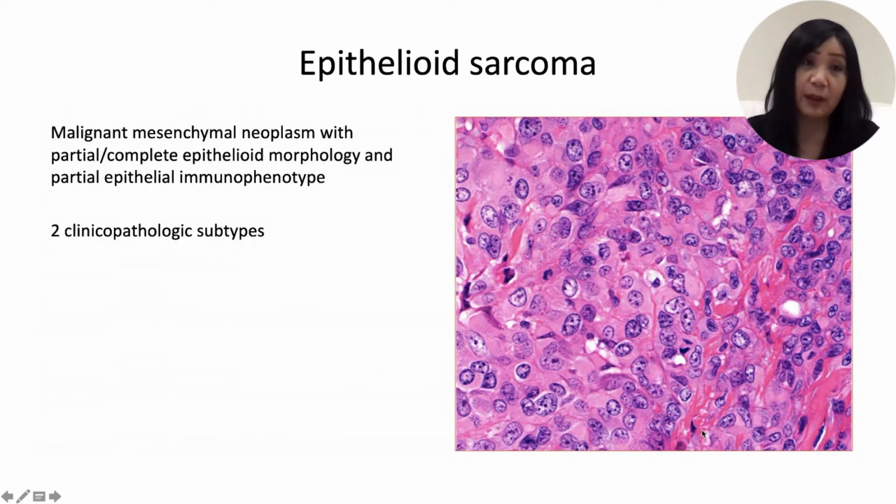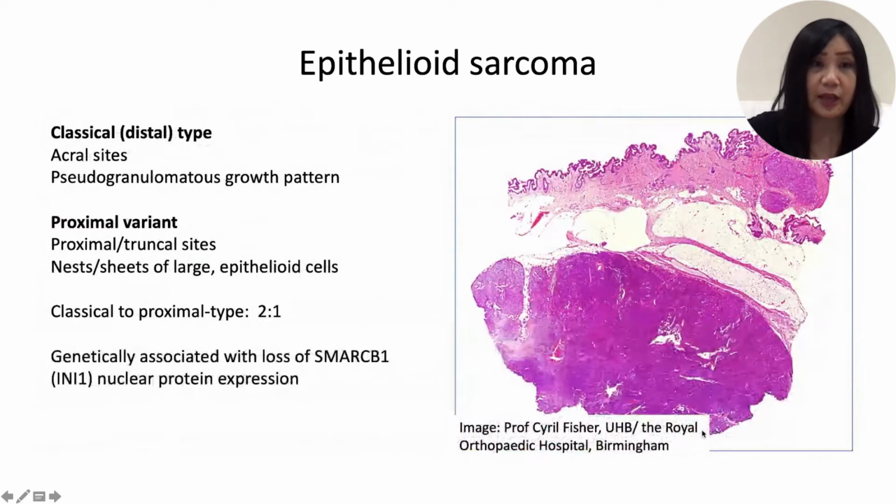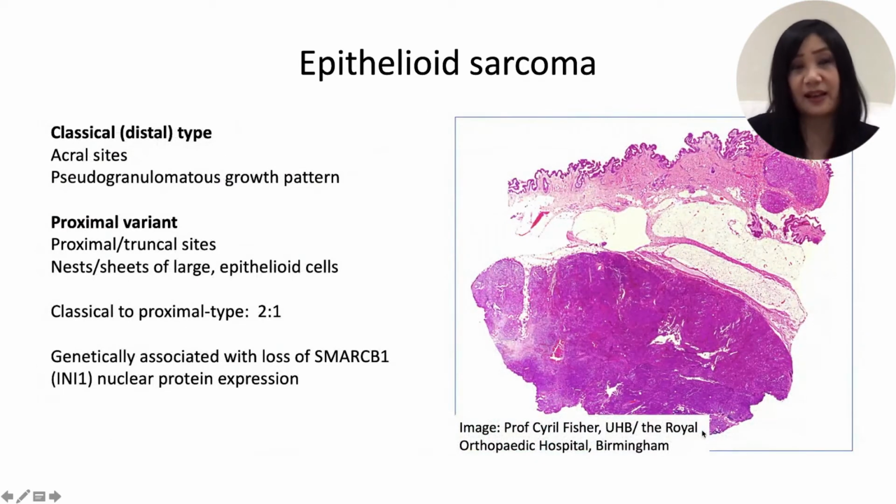So this is a malignant mesenchymal neoplasm with partial or complete epithelioid morphology and partial epithelial immunophenotype. There are two clinicopathologic subtypes. The classical type, which has this very typical morphology of a pseudogranulomatous growth pattern, typically occurring in acral sites, and the proximal variant, which occurs at more proximal truncal sites and lacks this pseudogranulomatous pattern with a geographic necrosis and is just composed typically of diffuse nests of large epithelioid cells.